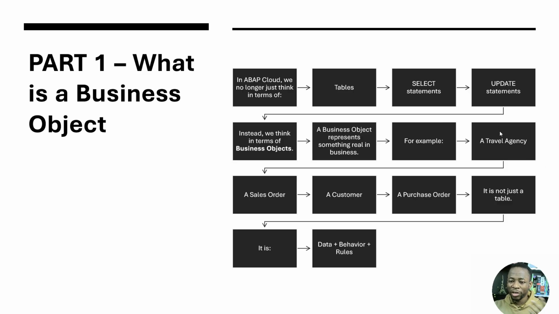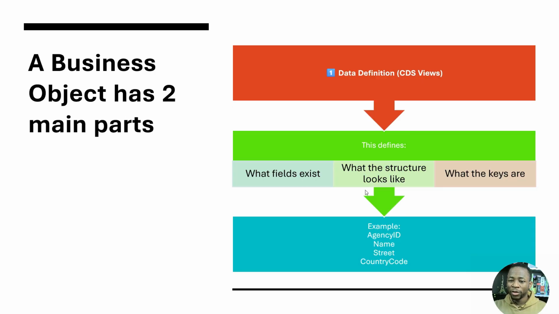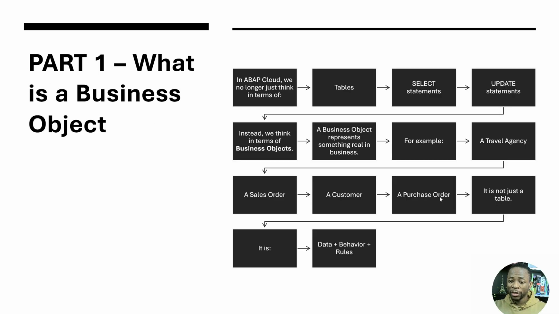For example, a travel agency, a sales order, a customer, or a purchase order. So it is not just a table like we know. There are three things involved: data, behavior, and rules.